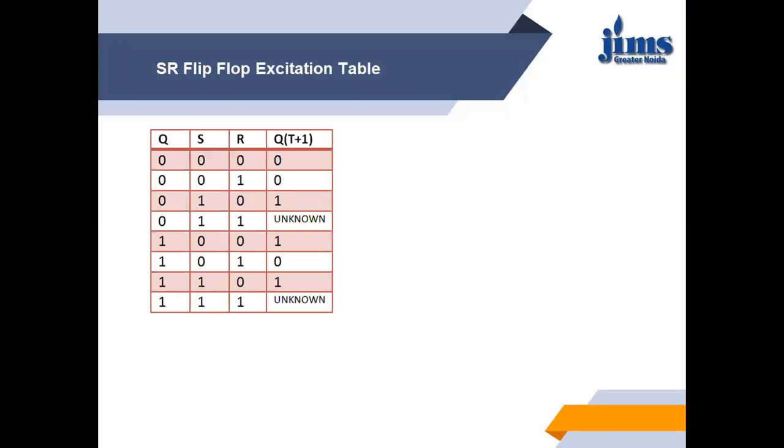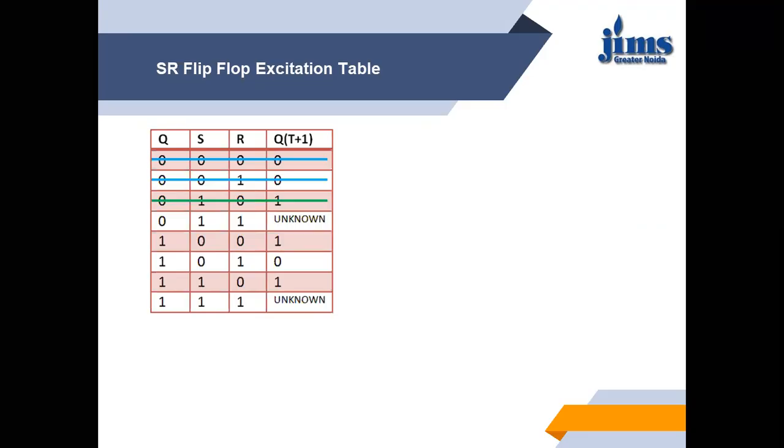So it is the characteristic table of the SR flip-flop. We find there are two combinations whenever present state is 0 and next state is 0. So directly we can see that whenever present state and next state are 0, S is constant 0 and R is going 0 and 1. So in this case, if we put present state 0 and next state 0, then the value of S is 0 and value of R is don't care, because it is 0 one time and 1 another time.